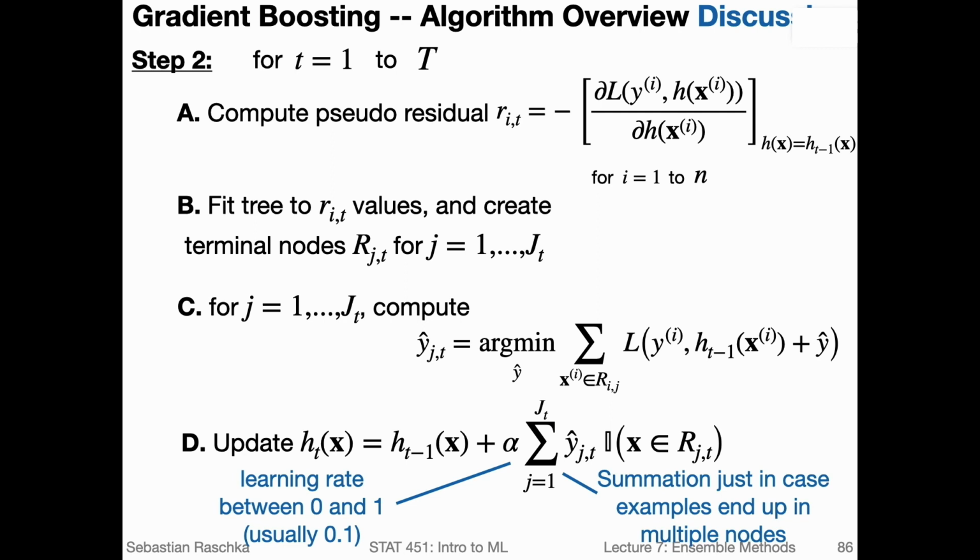Then we update the model by adding this new term here. This is a new term with a learning rate between 0 and 1. Depending on the implementation, if we have a case where an example ends up in multiple nodes, then we also have a summation term here.